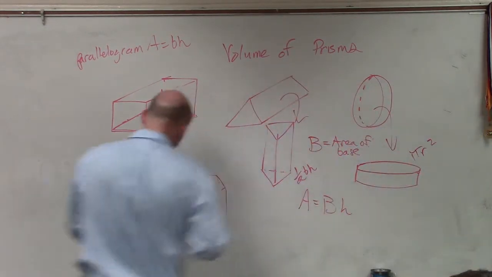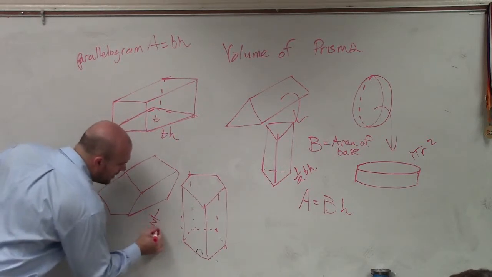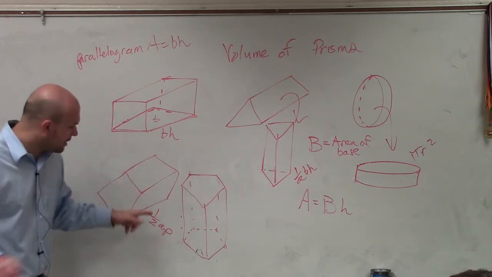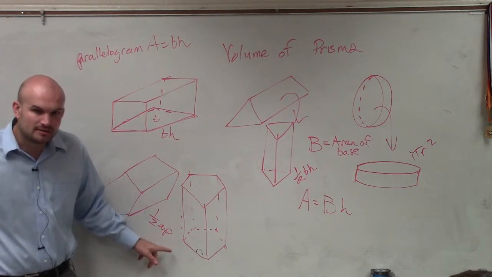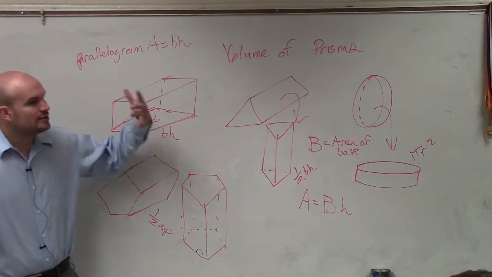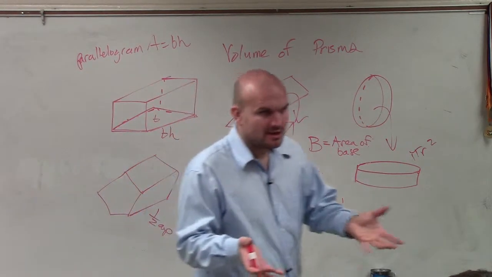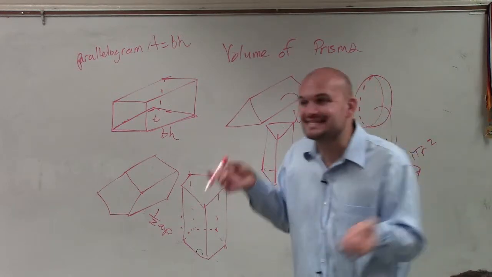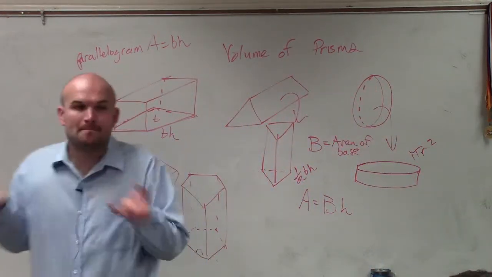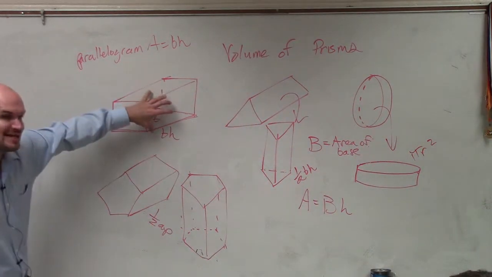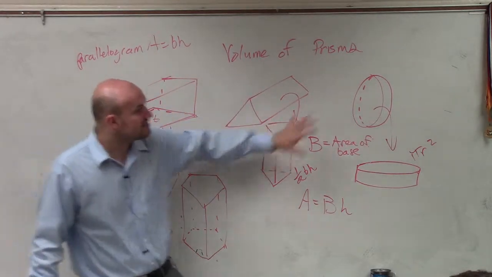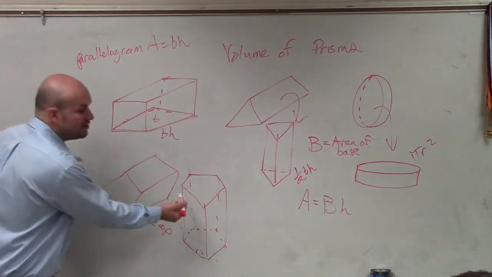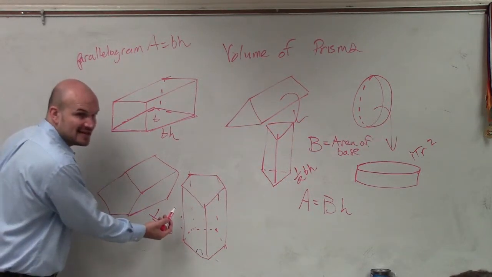The area of this base is, remember, 1/2 a times p, your apothem times your perimeter, right? So when you're looking at prisms, you need to identify what exactly is the base, because the base can be different. You can have a rectangular base, a triangular base, a circular base, or you could have some type of regular pentagon as your base.